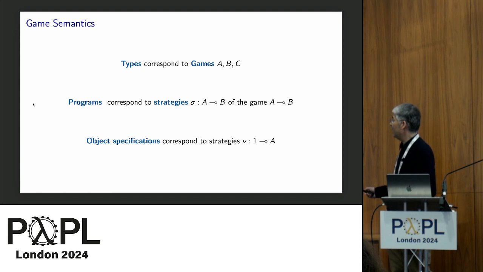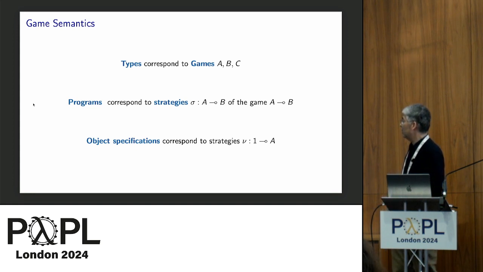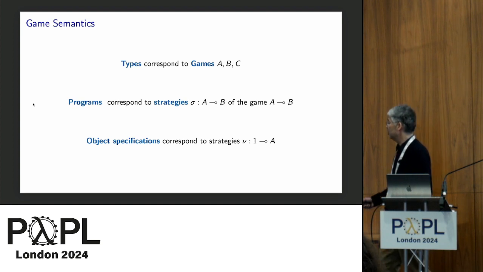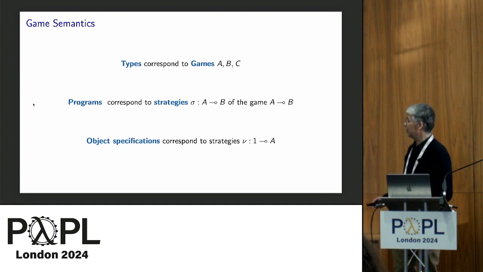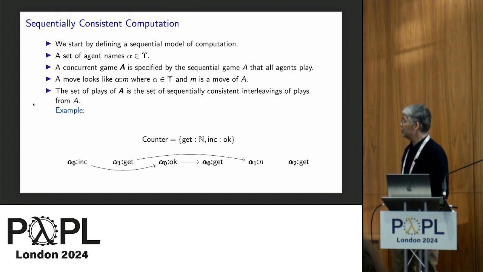So this A could be viewed as an effect handler, a module containing a set of methods. So a program corresponds to a strategy of type A lolly B. An object specification is just a closed object that does not take any parameters. And so this A could be a lock, B could be a shared queue. That's the idea.